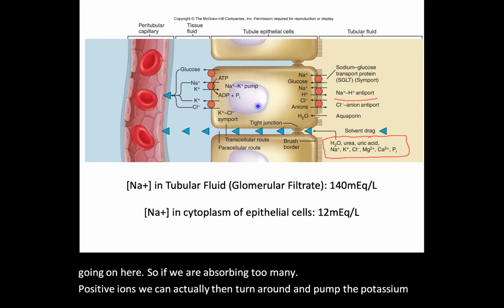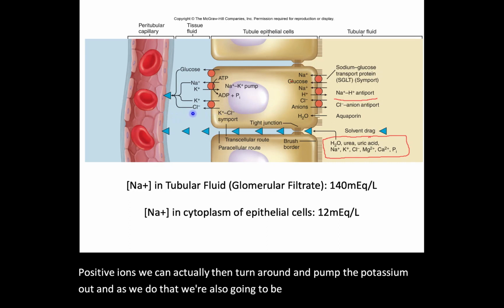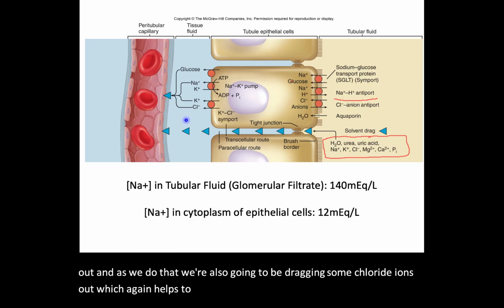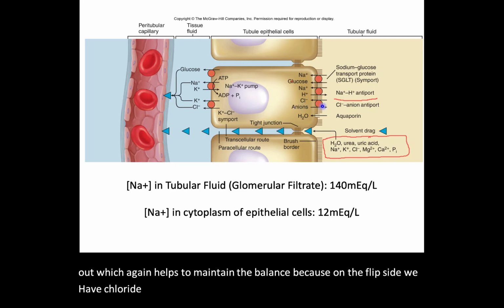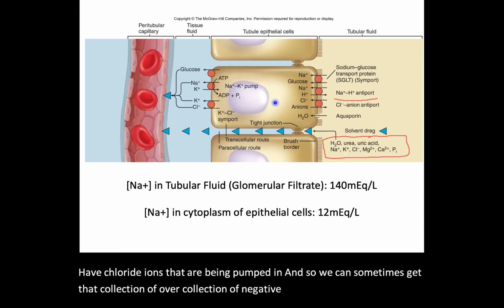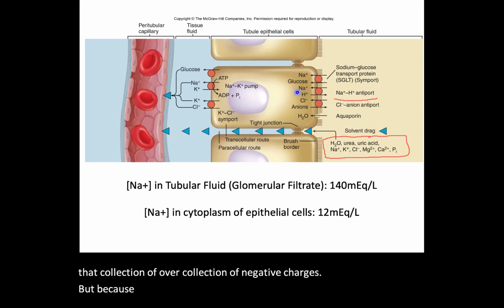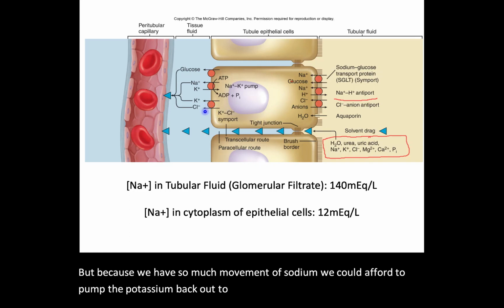And as we do that, we're also going to be dragging some chloride ions out, which again helps to maintain the balance, because on the flip side, we have chloride ions that are being pumped in, and so we can sometimes get an over-collection of negative charges. But because we have so much movement of sodium, we can afford to pump the potassium back out to equalize the charge.